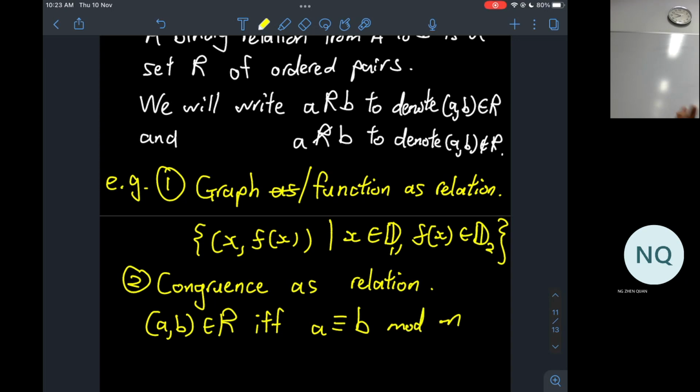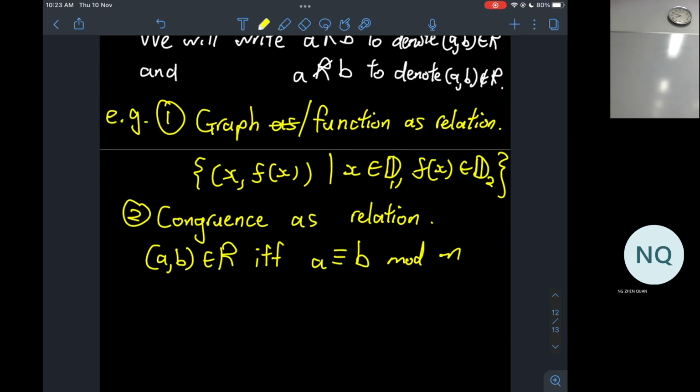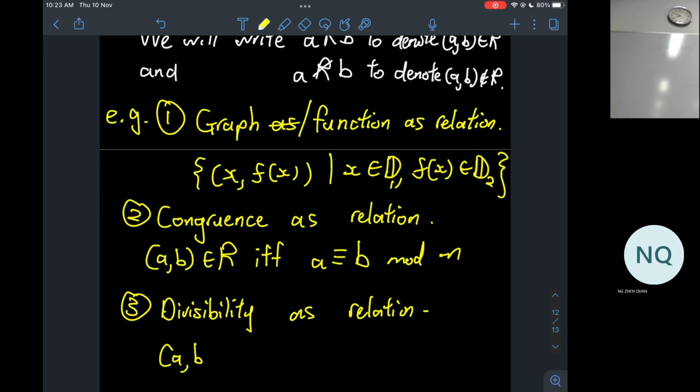So we can say a and b are related by mod m congruence. Third, divisibility. Divisibility as a relation. We can also write (a, b) is in the relation if and only if a divides b.